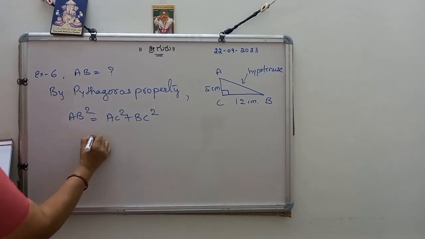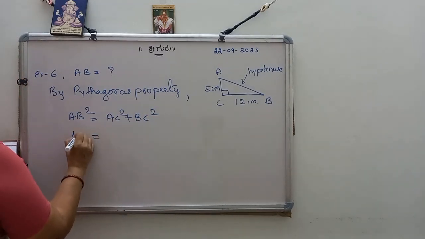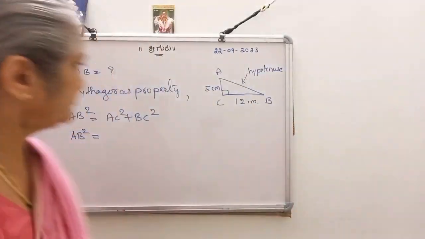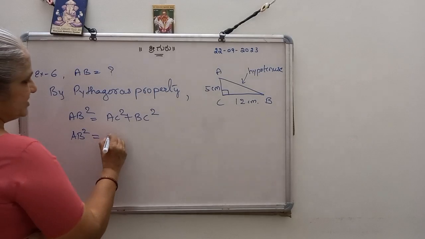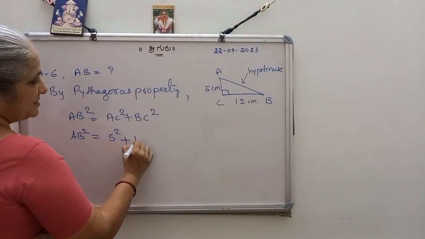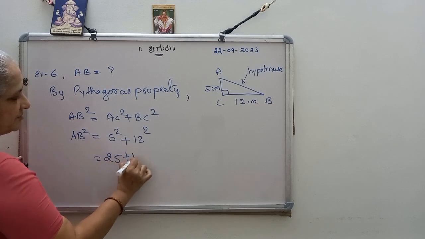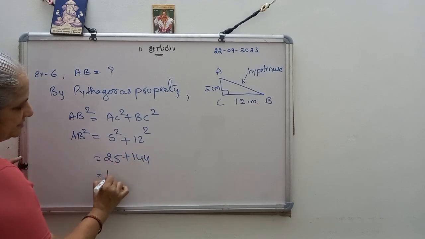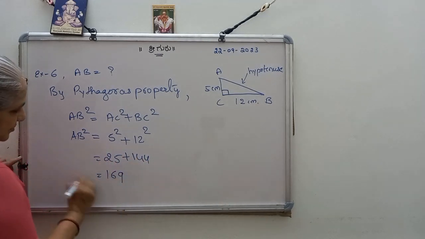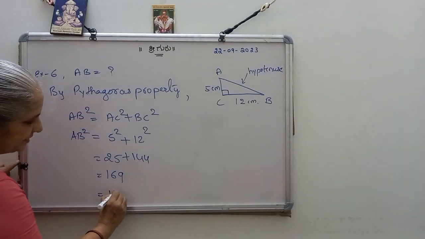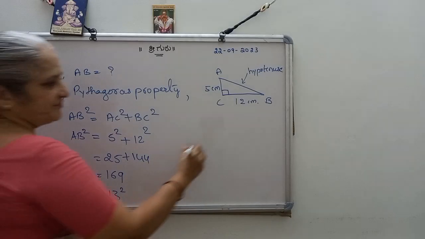So we want AB square. This is equal to AC 5 square plus 12 square. This is equal to 25 plus 144. This is 169. Now AB square is equal to 169. This is equal to 13 square.